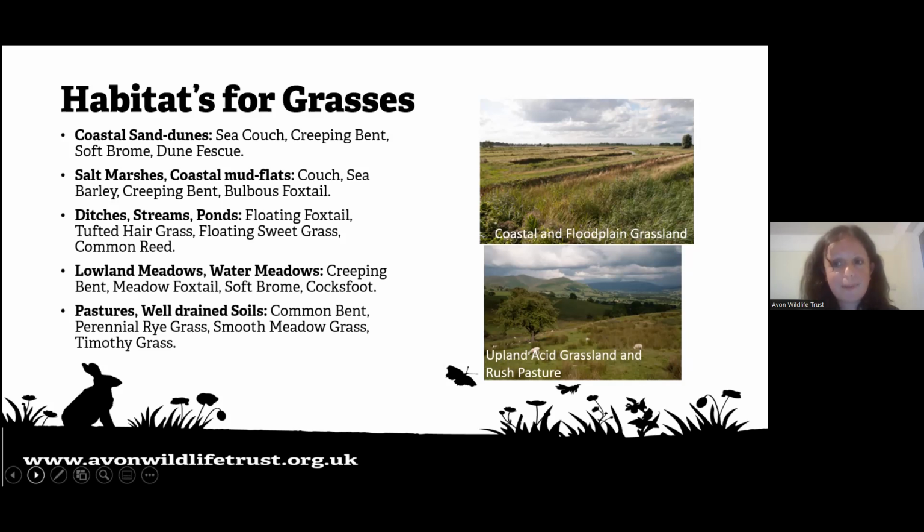I haven't put all the habitats in the world here, just because there's quite a few. There's just a small amount. You might want to jot down a few of these grasses.